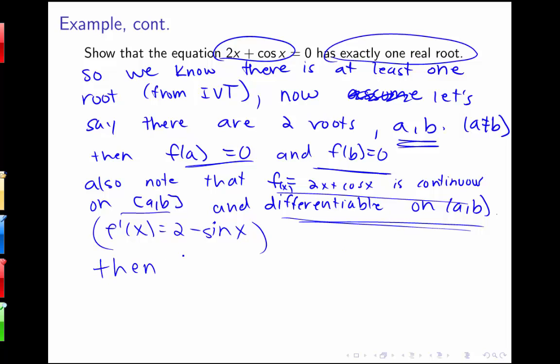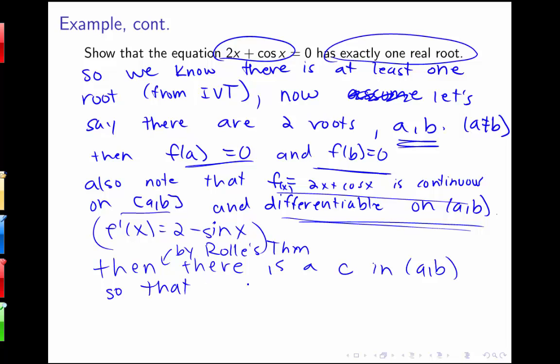So then the theorem says that, so let me say by Rolle's theorem, there is a c in the interval AB so that f prime of c equals 0. Okay, so let's see what that would mean. If there's a value where the derivative would be equal to 0, that means that 2 minus sine x would equal 0 for some x, which would mean that 2 is equal to sine x.